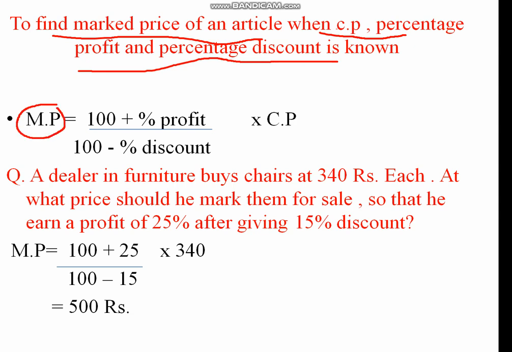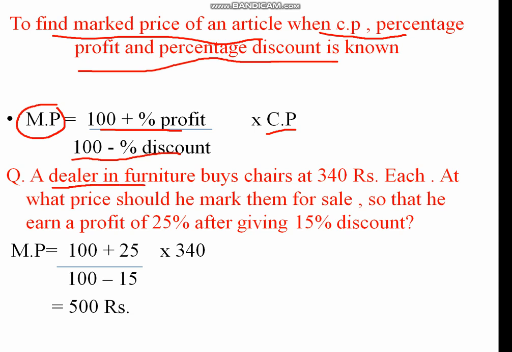Mark price is equal to (100 plus percentage profit) upon (100 minus percentage discount) into CP. This is the formula to find the mark price. So see the example of this.